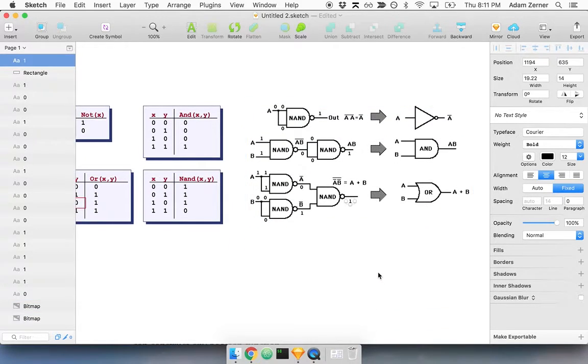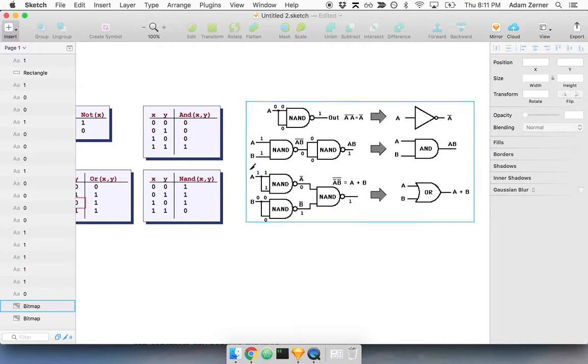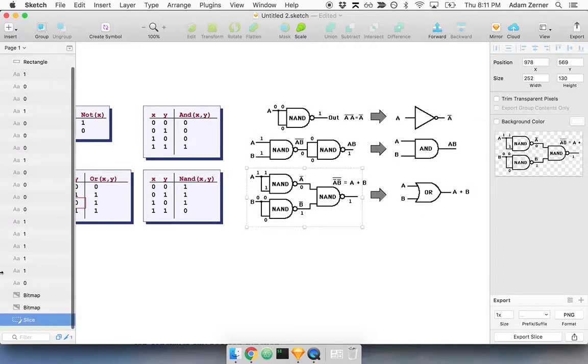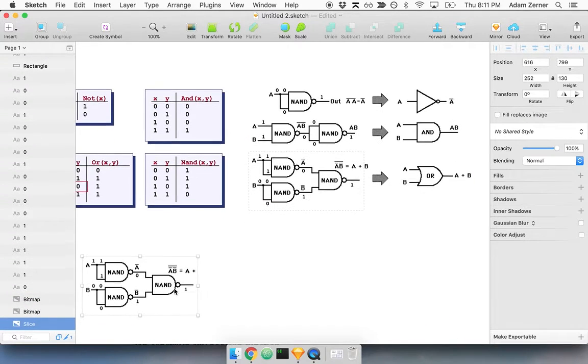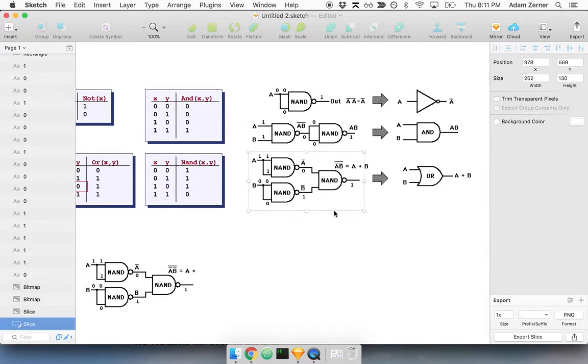This is a sort of separate topic, but let me talk about abstraction and implementation. I'm going to slice this like that. I'm going to drag it. Okay. So let's consider two different views.